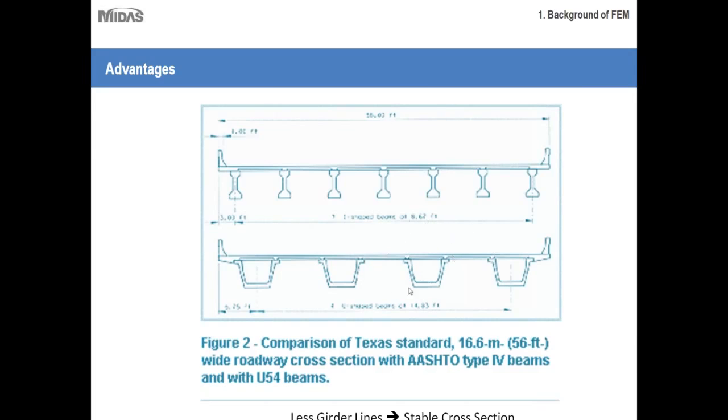So as you can directly see, this type of section reduces the number of girder lines, and that means the entire cross section will be much more stable. It will not be very flexible, and therefore it is much easier to handle and erect for longer spans. So it enables you to get fewer girder lines and therefore a stable cross section.